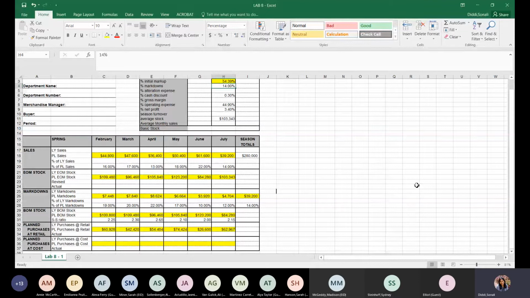So once you find your markup percent, we can go ahead and find our planned purchases at cost, which is going to be planned purchases at retail times, you can do 100% or 1 minus the markup percent. It's not 1%, it is 1 minus the markup percent.